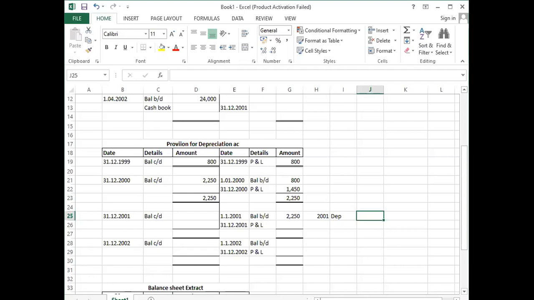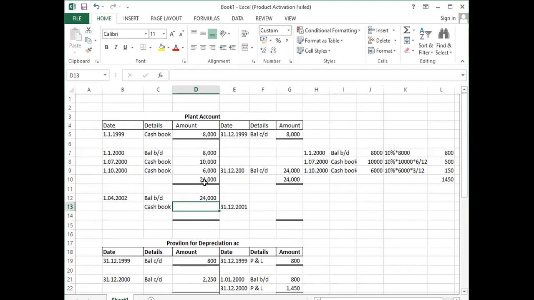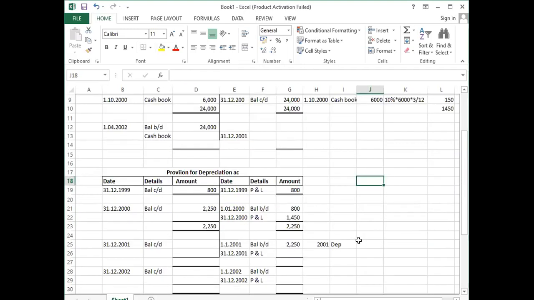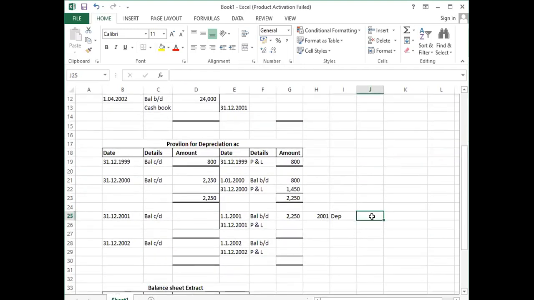Not 225. You are looking at this figure we have here. This is just a balance brought forward. Depreciation is on the value of the machines that we have that year, right? And therefore, you are correct. That depreciation will be 10% multiplied by the value of the machines that we have.